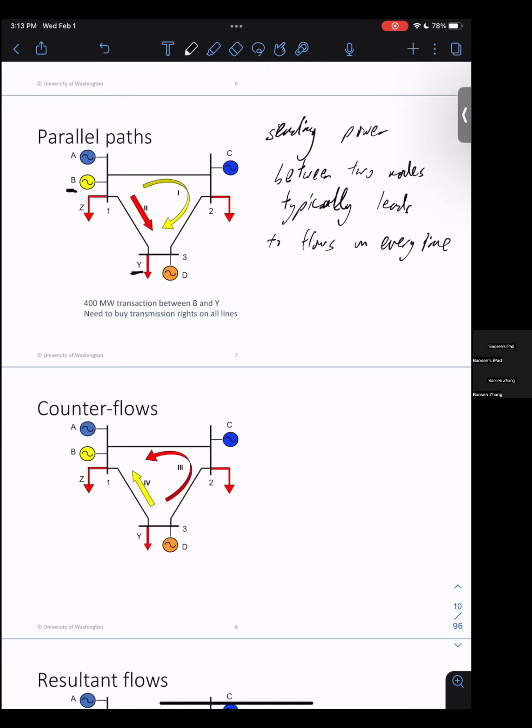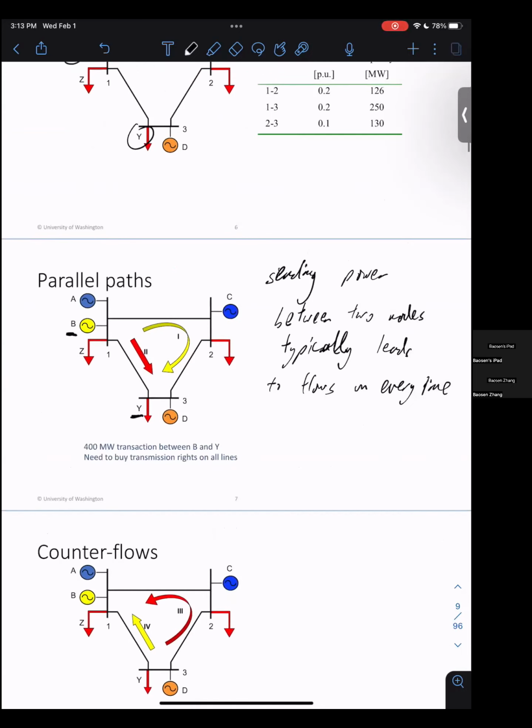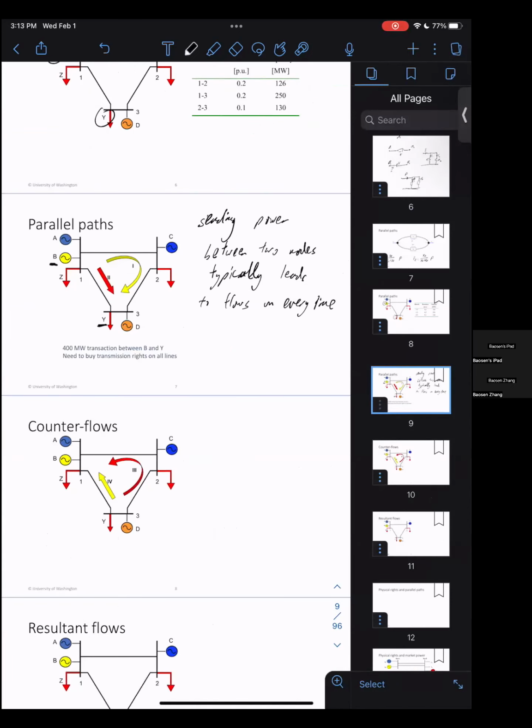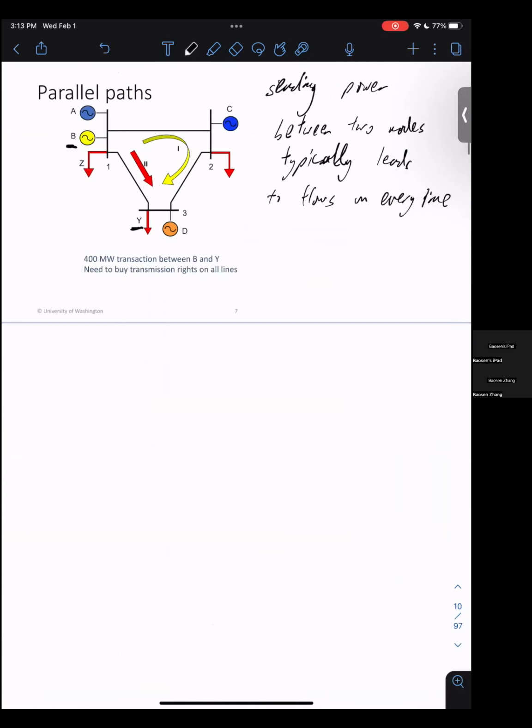So if you have this kind of flow, you have different flows from one direction to another. Let's compute this power flow in more detail. Here, let's say I have this branch, and I want to flow 400 megawatts.